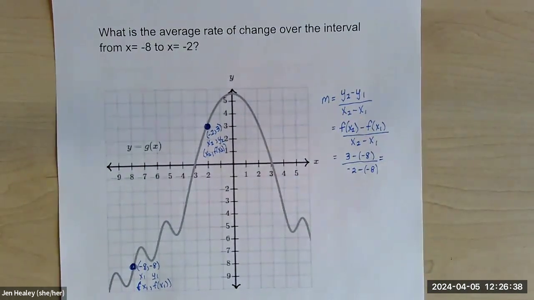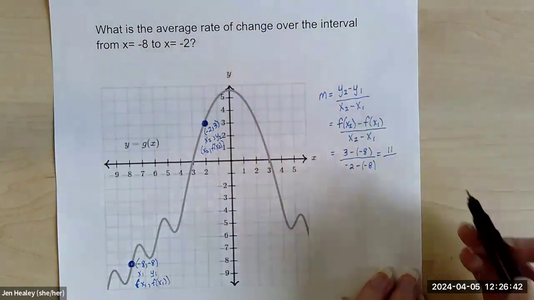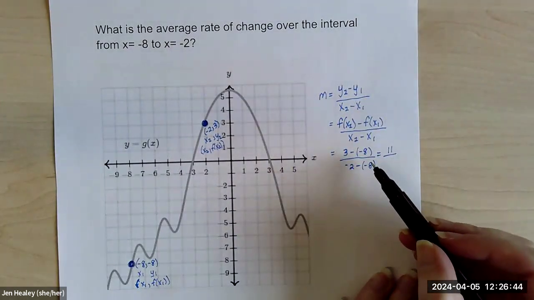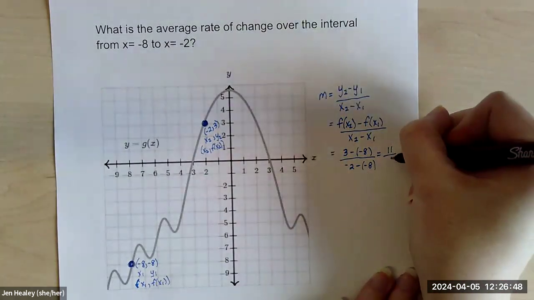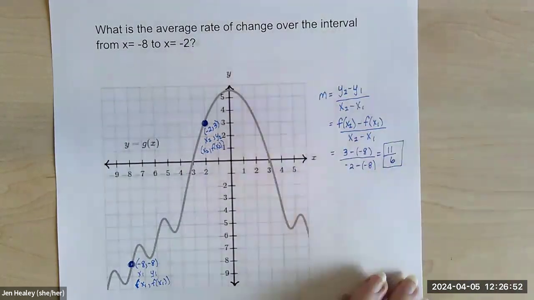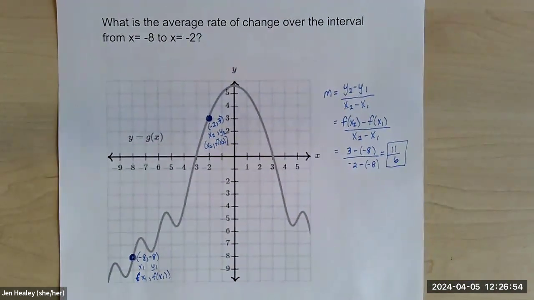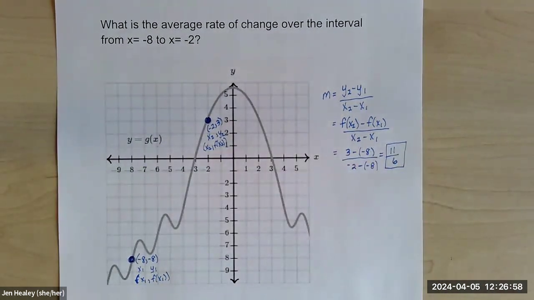So 3 minus a -8, that's going to be an 11. And -2 minus a -8 is going to be -2 plus 8. So that's just 6. So the answer to the question, what is the average rate of change over that interval, is 11/6.